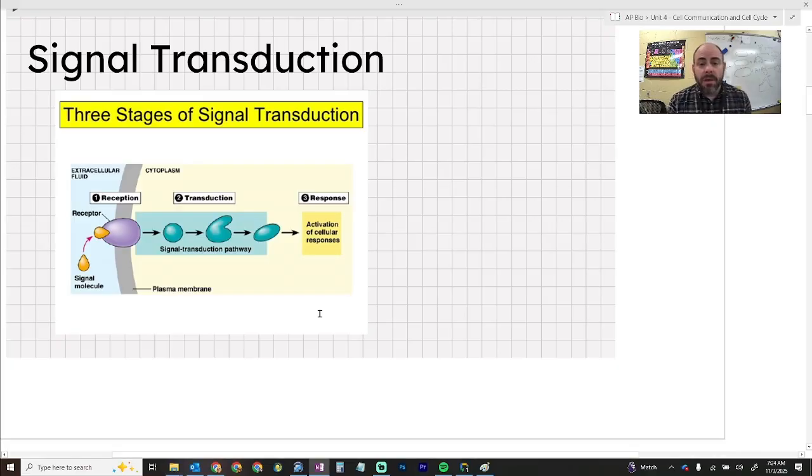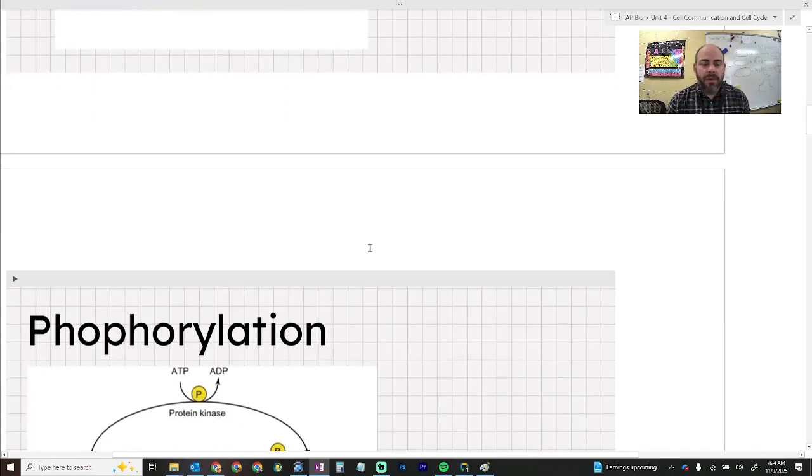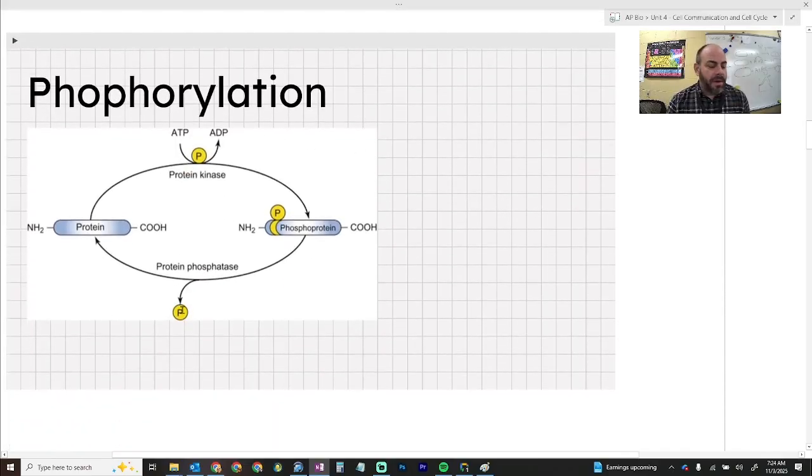Muscle contraction is a great example of a not-make-a-protein response. But a lot of times we're going to see the response happen on the DNA. The DNA is going to trigger protein synthesis and so forth. So very important, signal transduction, these three steps, you will see them a lot in this unit. In fact, very important even for the next couple of units, just understanding overall cellular processes.